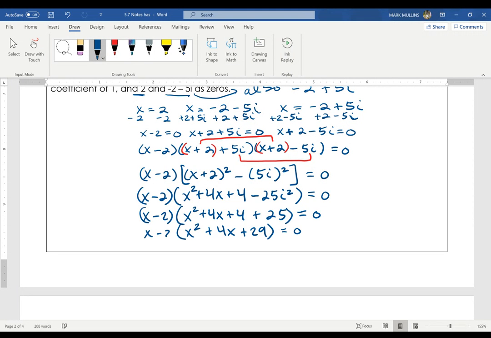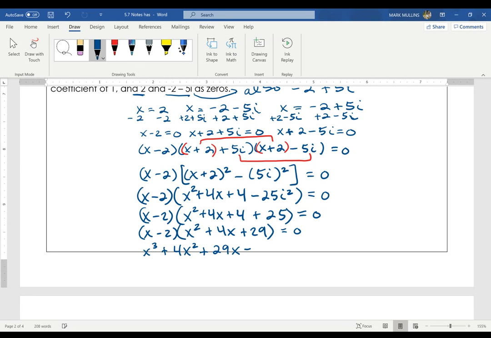Okay, now I'm going to multiply by x minus 2. So times x would be an x cubed, and then plus 4x squared, and then plus 29x. And then we'll distribute the negative 2.